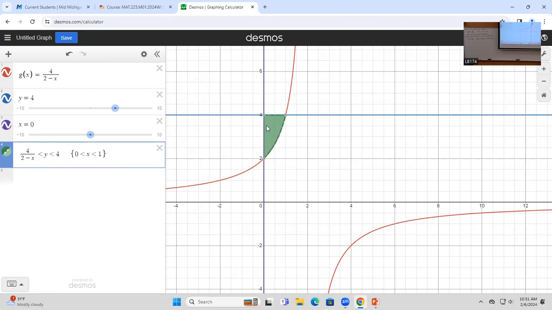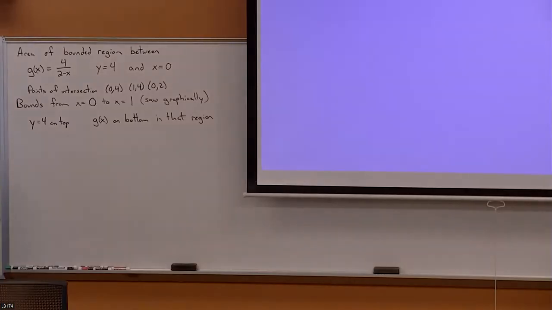So we're looking at that bounded area. Top of that region is y equals 4. Bottom of that region is g of x, that rational function. And so now we're ready to do the setup and the integration.